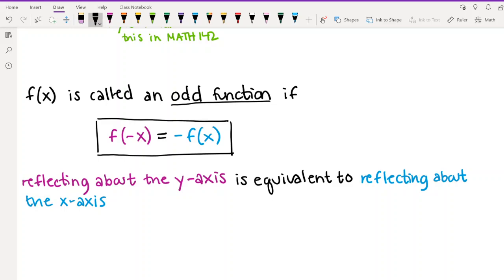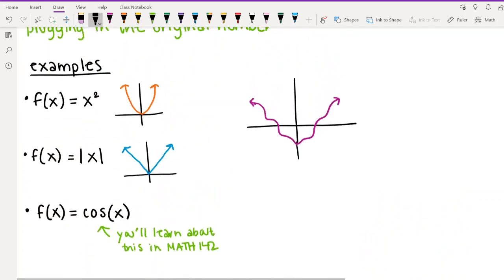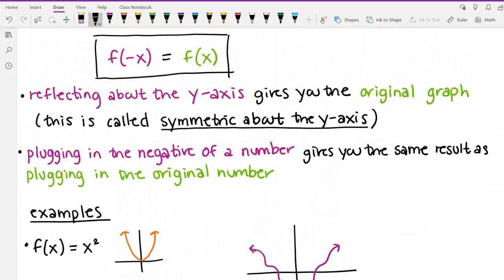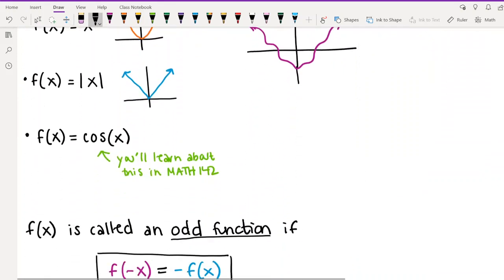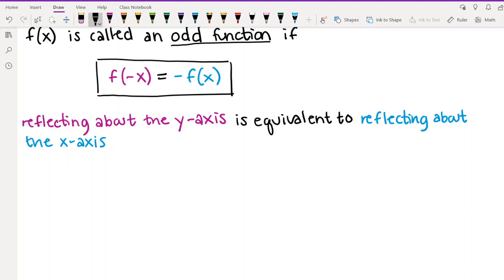And just like in the previous example, where we talked about how that was called symmetric about the y-axis, for this kind of function, it has a different name. It's called symmetric about the origin. So graphs that have this property, that reflecting in one way is the same as reflecting in the other way, are called symmetric about the origin.